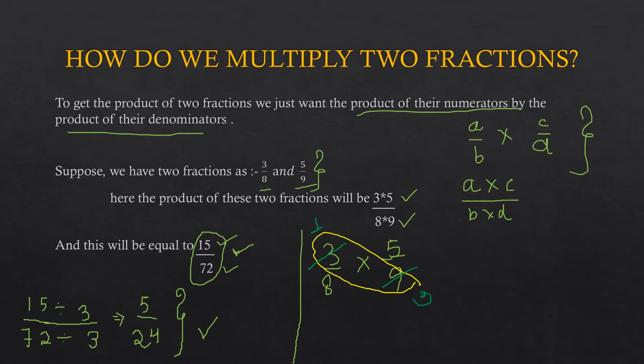Now you can see that 5 and 8 do not have any common factor between them, hence they remain the same. In the numerator we are left with 1 into 5, and in the denominator 8 into 3. When the remaining numerators and denominators do not have any common factors, we use the same procedure as in the first method. 5 into 1 gives us 5 and 8 into 3 gives us 24.